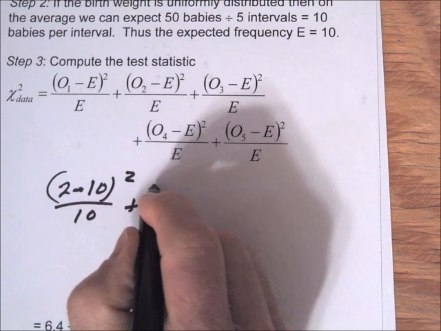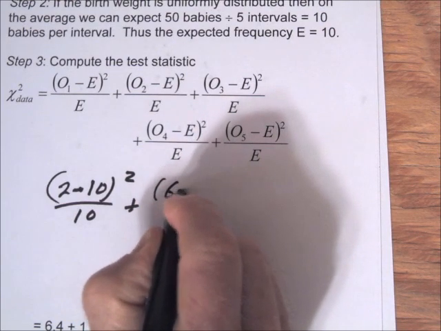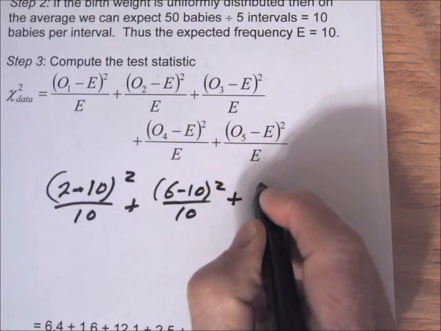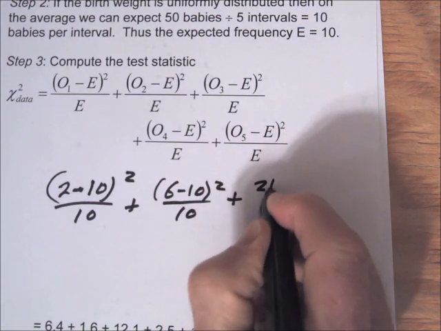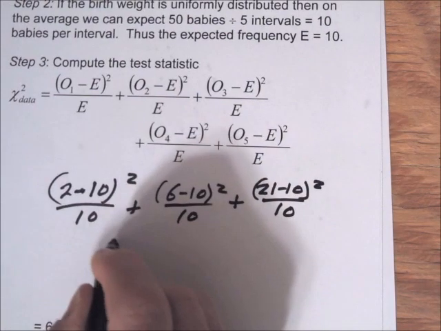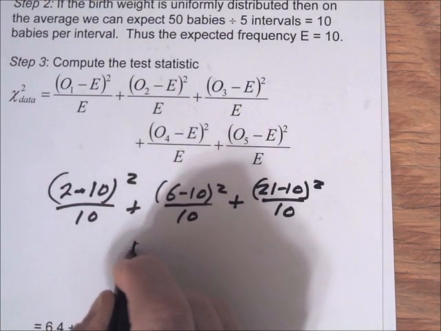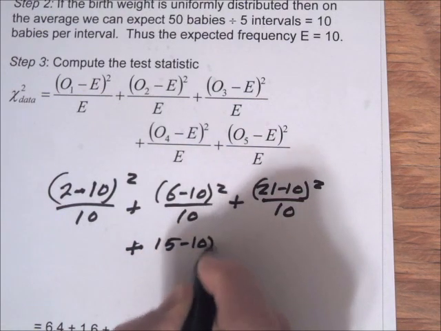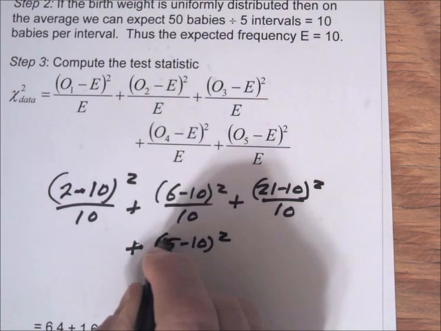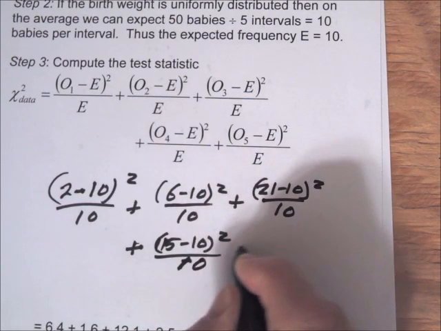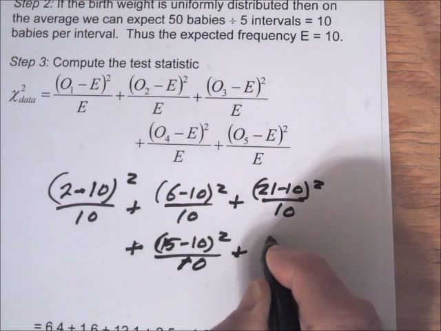The second observed is 6: 6 minus 10 squared divided by 10. The third observed is 21. And then we have 15. And then we have 6.